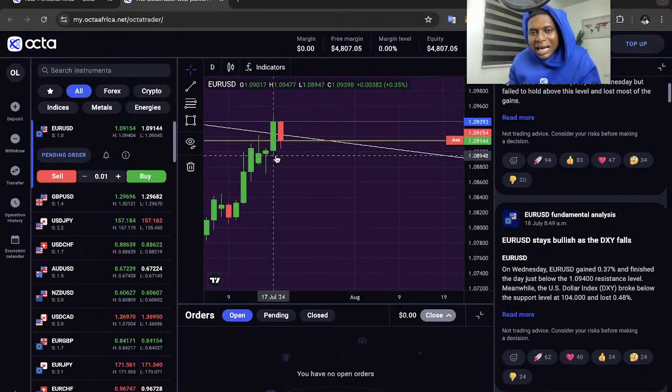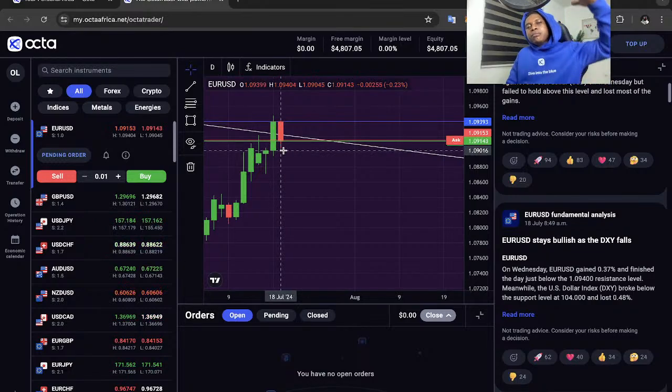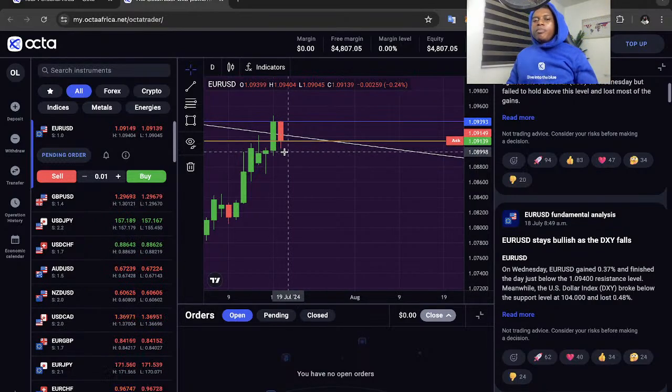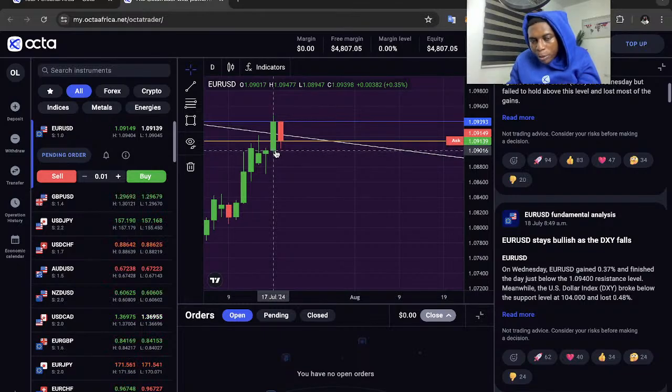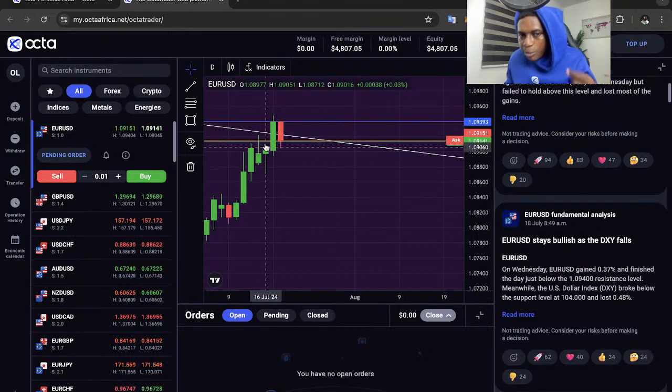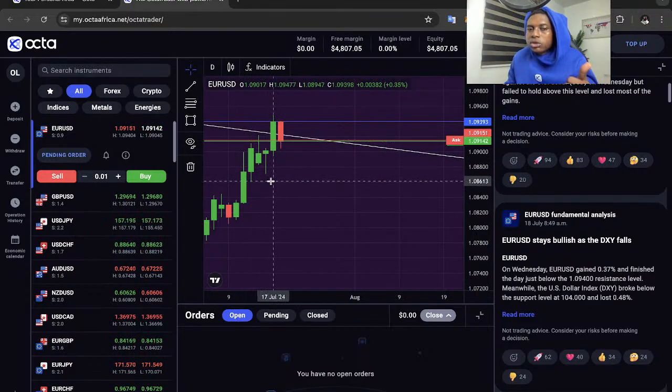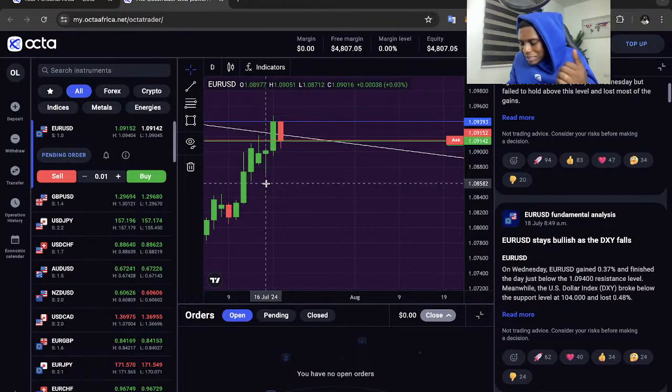Neither is it having more pressure from the top or more pressure from the bottom. However, we can see that the market opened here and closed far above. It's a fully bodied candle. Now look at the candlestick that appeared before this. We can see that this is a bullish hammer, and this is giving us a sense of the direction of the market in the coming days and weeks.